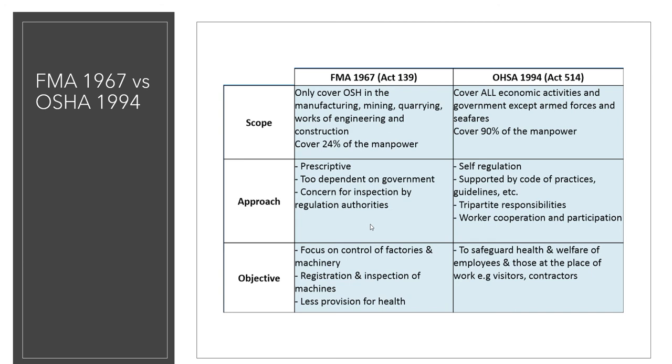Okay, about the objective, FMA focus on control of factories and machinery, kemudian legislation dan juga inspection. Less provision for health. But for OSHA, dia punya cover objective dia to safeguard health and welfare of employees and those at the place of work. For example, visitor, contractor dia lebih meluas lah. Okay, dia punya provision dia ke atas keselamatan dan juga kesihatan.